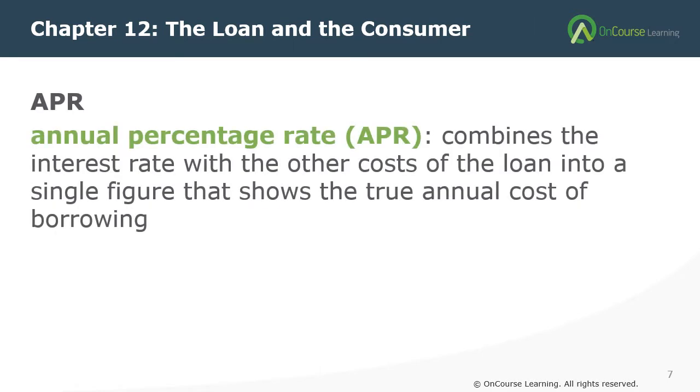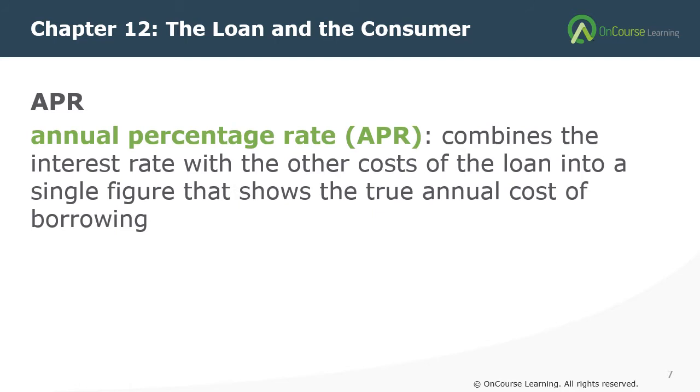Exactly what is the APR, or the annual percentage rate? That combines the interest rate with the other costs of the loan into a simple figure that shows the true annual cost of borrowing. The lender will quote a nominal or stated interest rate, but because of monthly compounding, that stated or nominal rate will be different from the annual percentage rate.